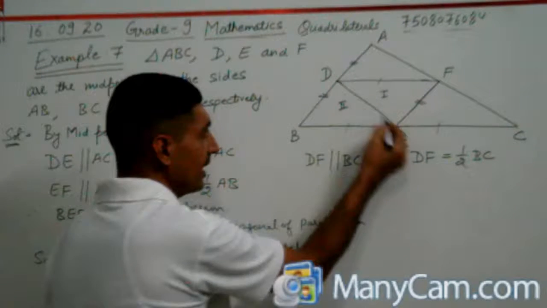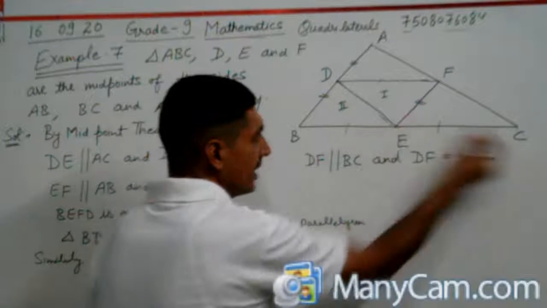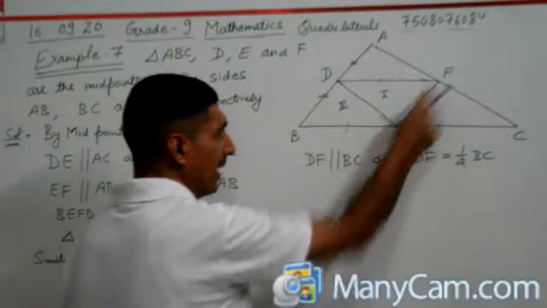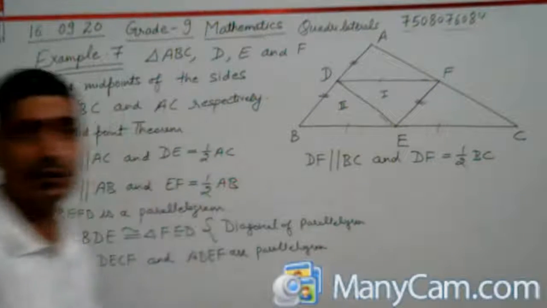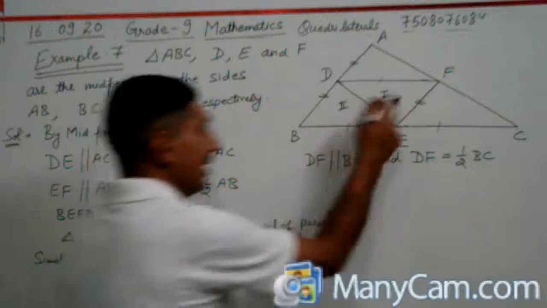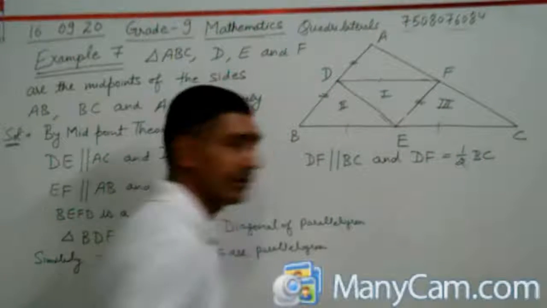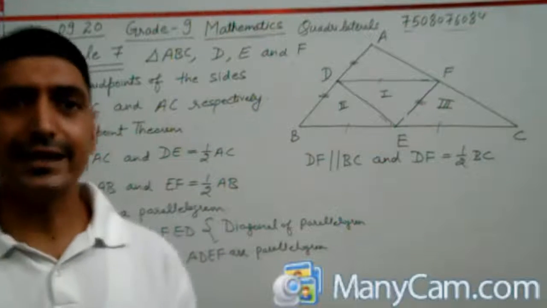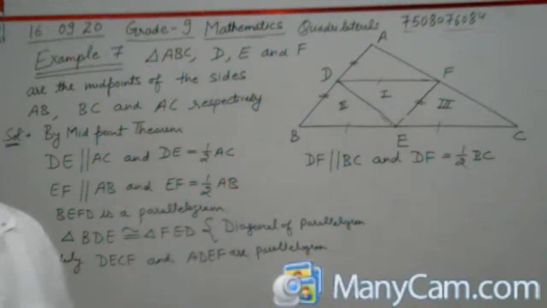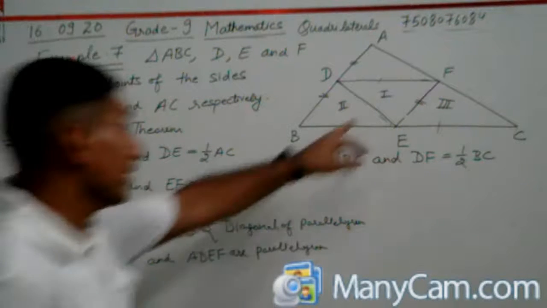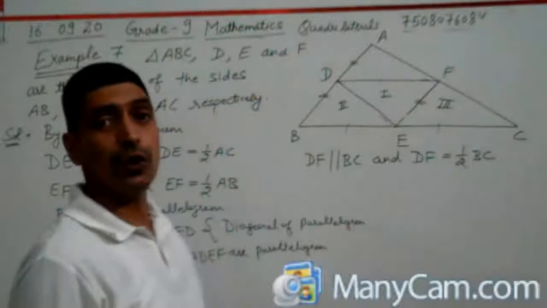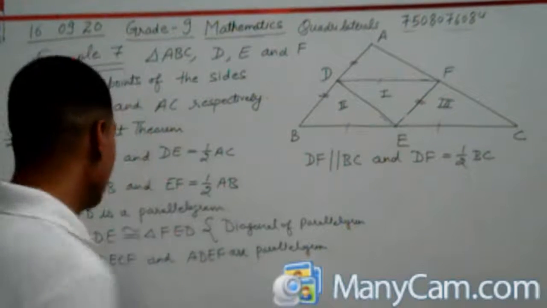Again, DECF is a parallelogram and EF is the diagonal. So here triangle 1 and triangle 3 are also congruent. Why? Because diagonals divide the parallelogram into congruent triangles. But how to name them?